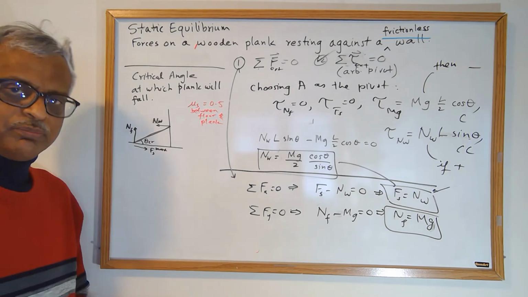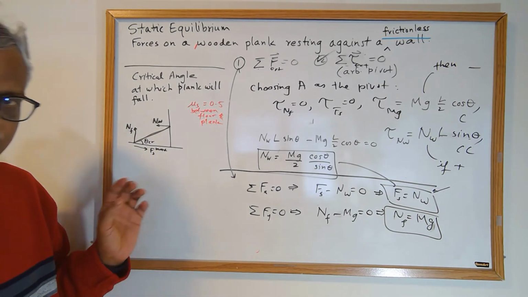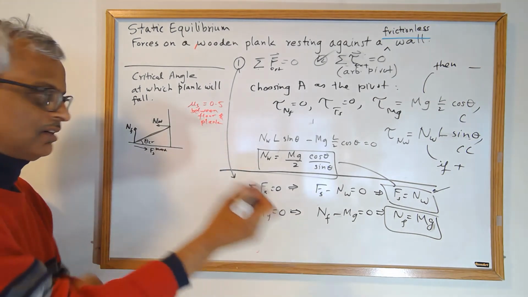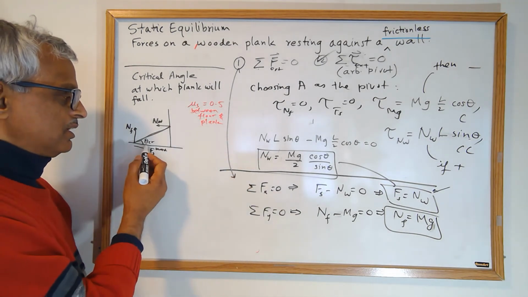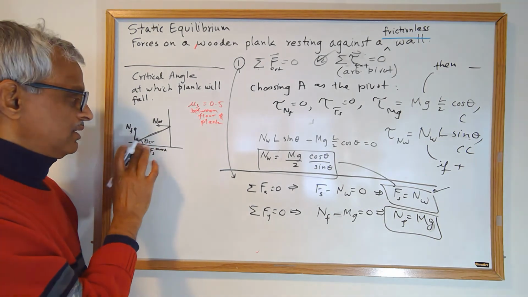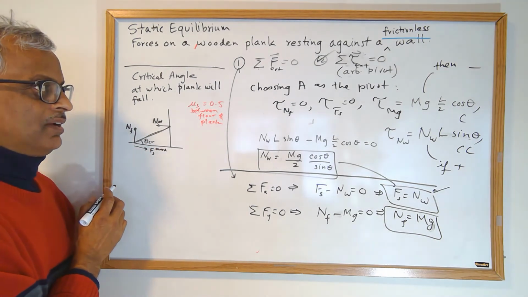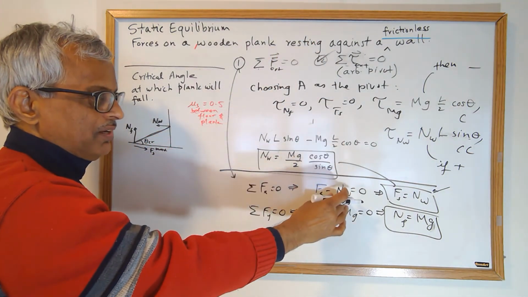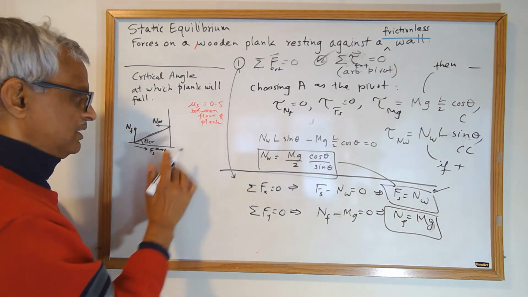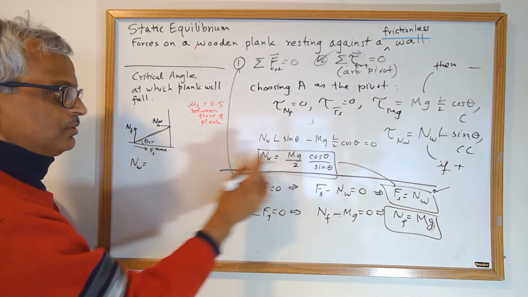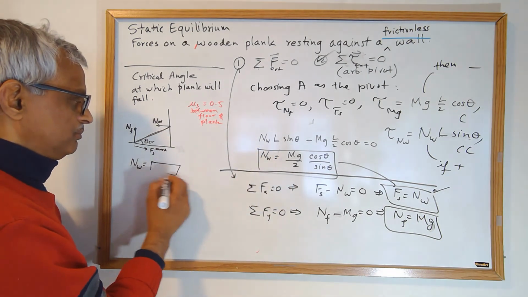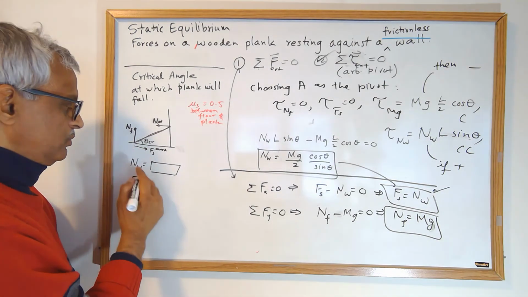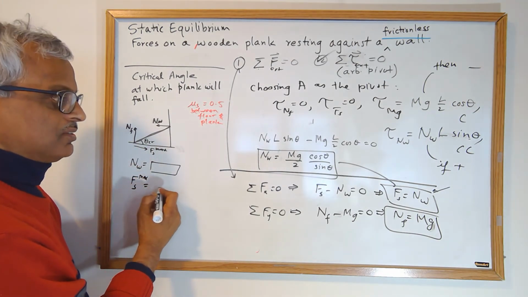I posed this problem in the video earlier. I just want to make sure that I put the answer there for you to check. So we are trying to find not any angle, but the critical angle when Fs is max. If you look at the balance, you're going to get all of the same equations. So you will get NW equal to this, same, and you're going to get Fs equals Fs max, and that's going to be NW.